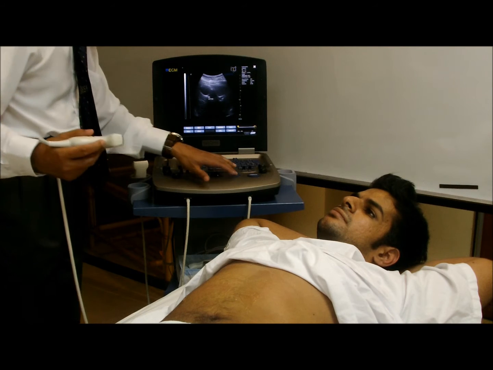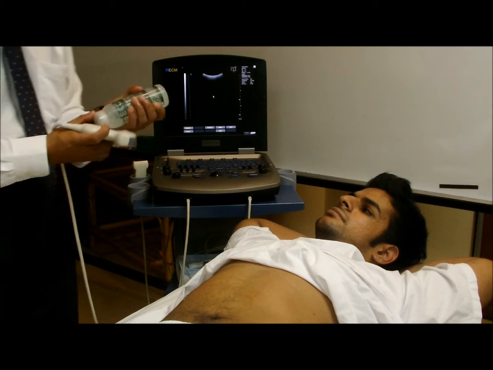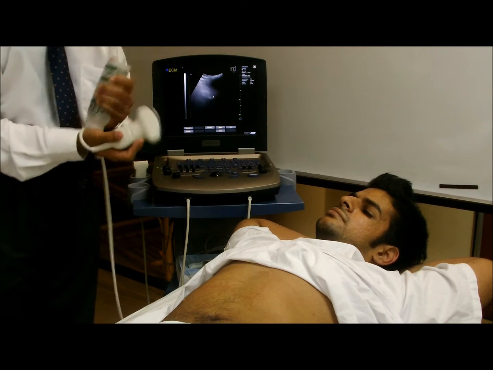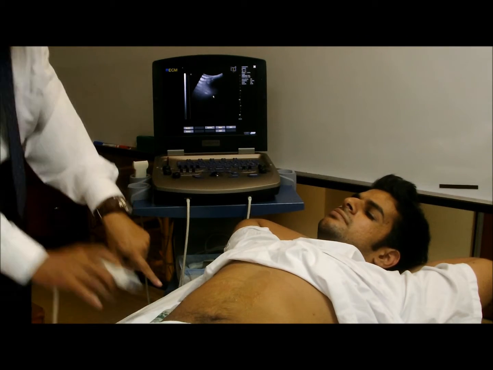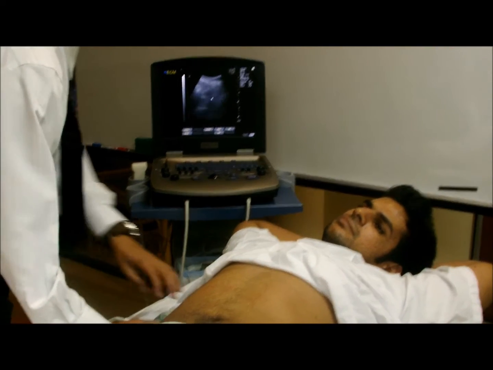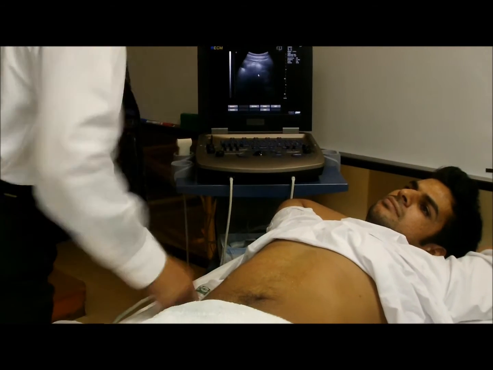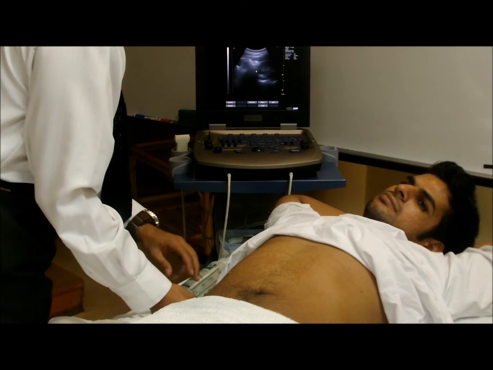Now, for the kidney, you just need to put your probe angling towards posterior like that over the subcostal area on the lateral side, and you will be able to get your kidney.